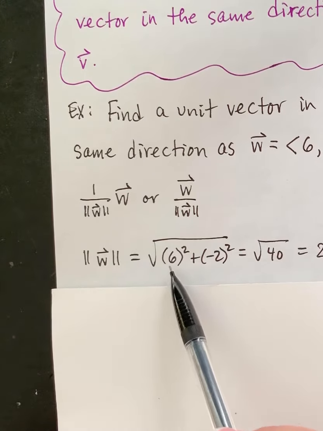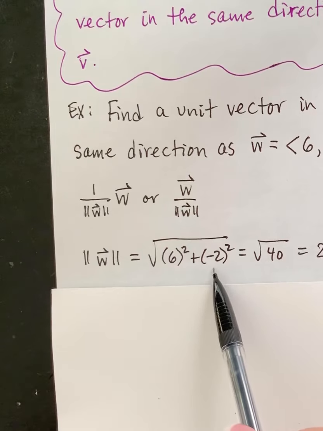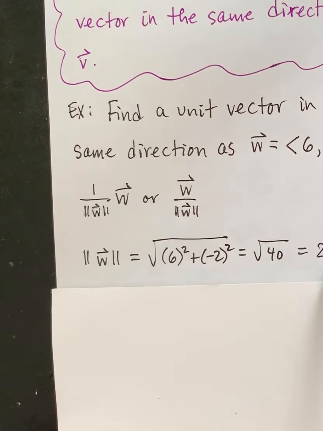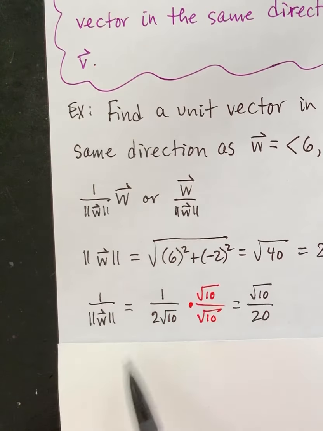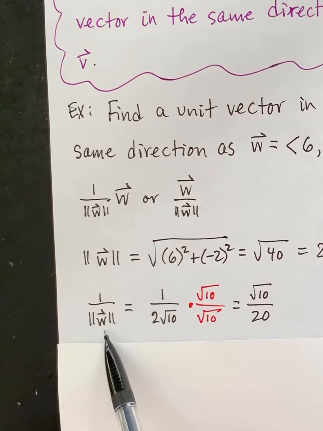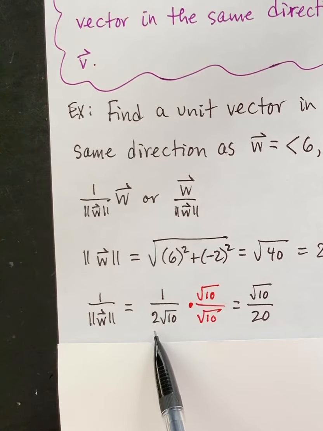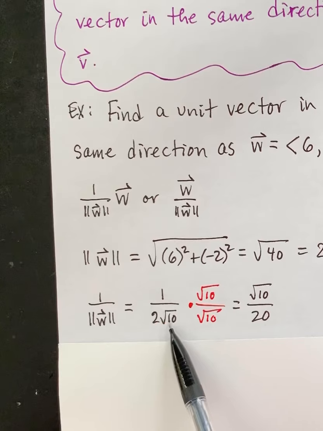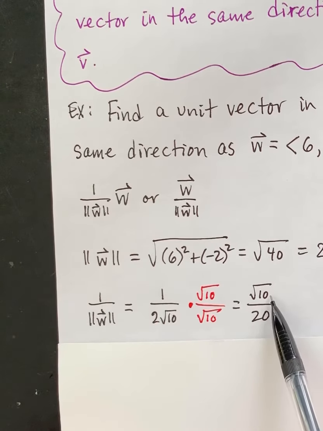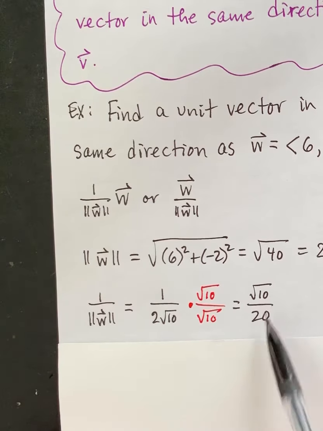The square root of 6 squared plus negative 2 squared works out to be the square root of 40, or 2 root 2. Multiplying by 1 over that, which would be the same thing as dividing by 2 root 2, when I simplify it, is the same thing as multiplying by the square root of 10 over 20.